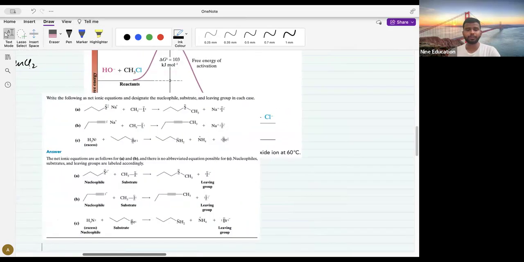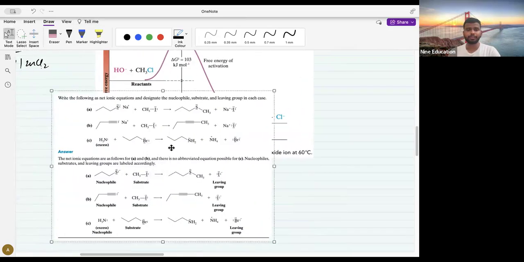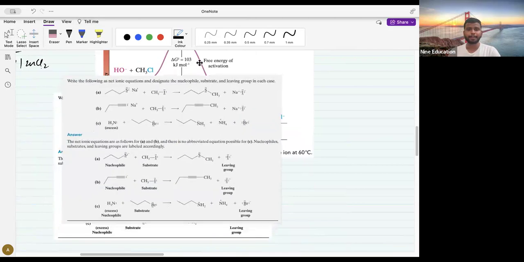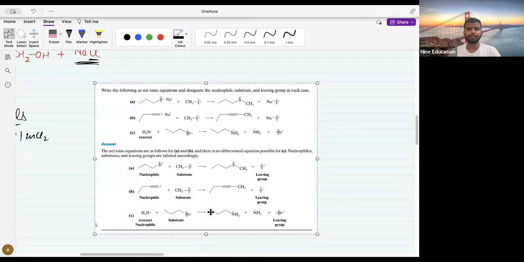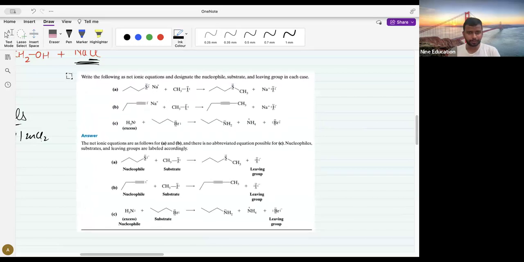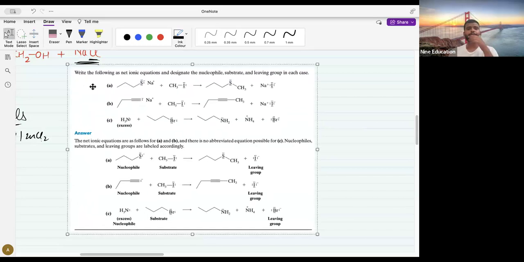One more question, beta, solve. Let's say this one. Answer I have also shown to you. Write the nucleophile, substrate and leaving group in each reaction. Let's take the first reaction.